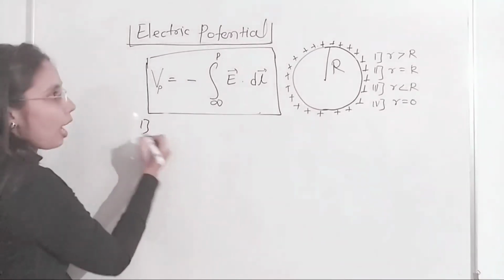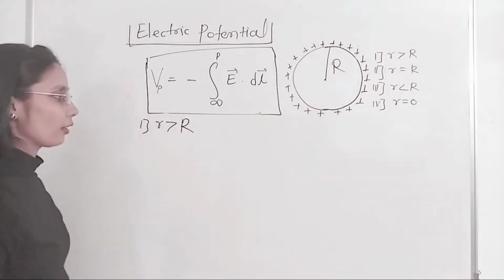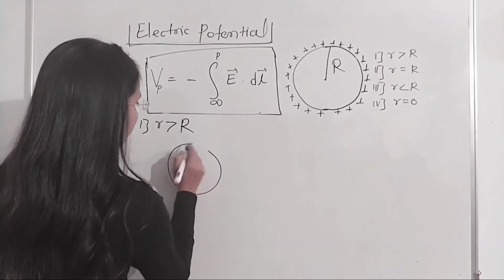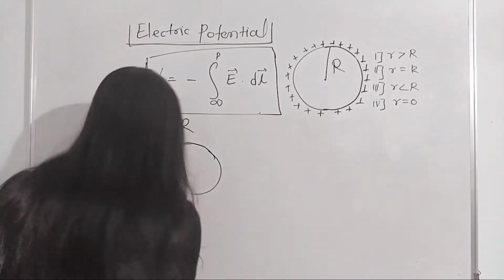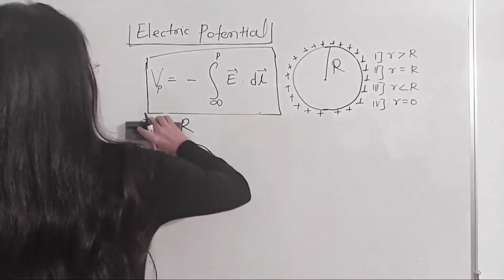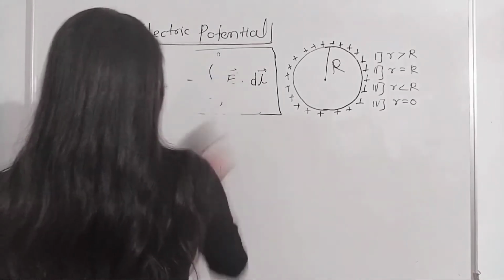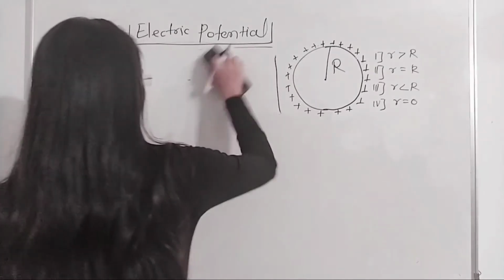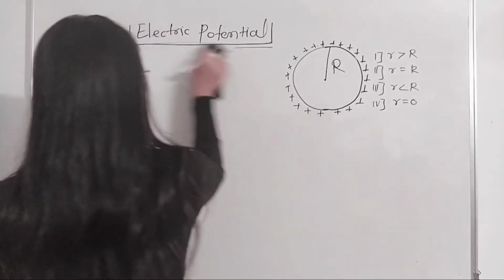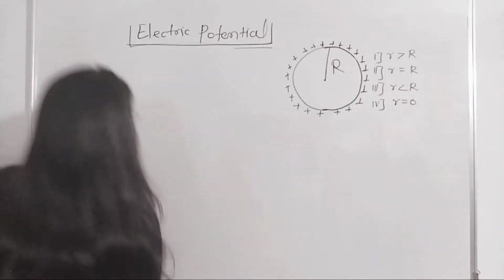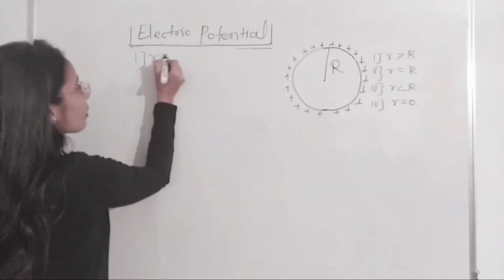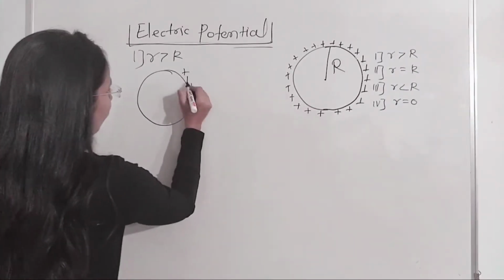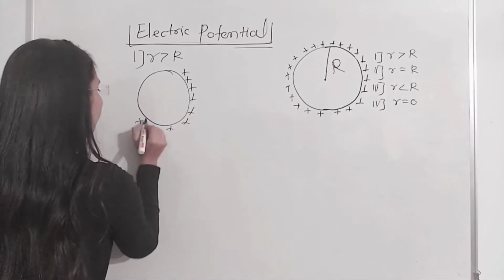Consider the first case, that is r greater than capital R. Suppose this is our hollow sphere, and the plus q charge resides on the surface of that hollow sphere.